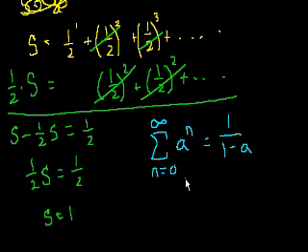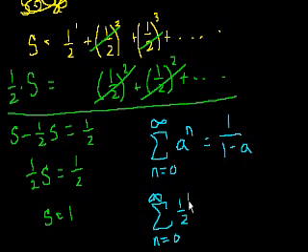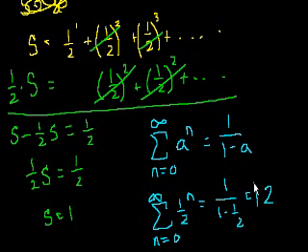So your natural reaction would have been, oh, okay, that sum that we saw is equal to the sum of n equals 0 to infinity of 1/2 to the n, which would be equal to 1 over 1 minus 1/2. What's that? That's 1 over 1/2, which would be equal to 2. And you'd be like, my God, what did I do wrong there, right?